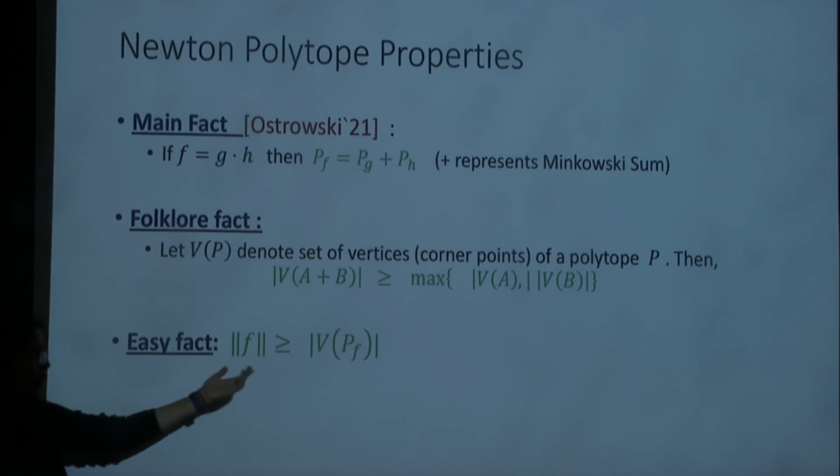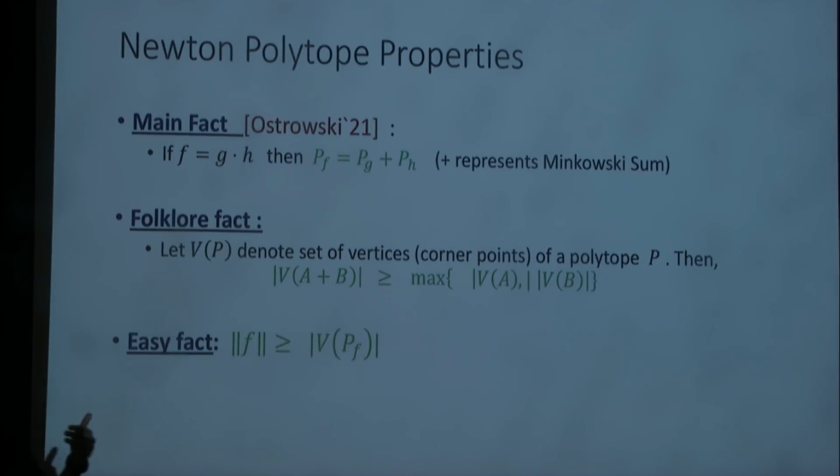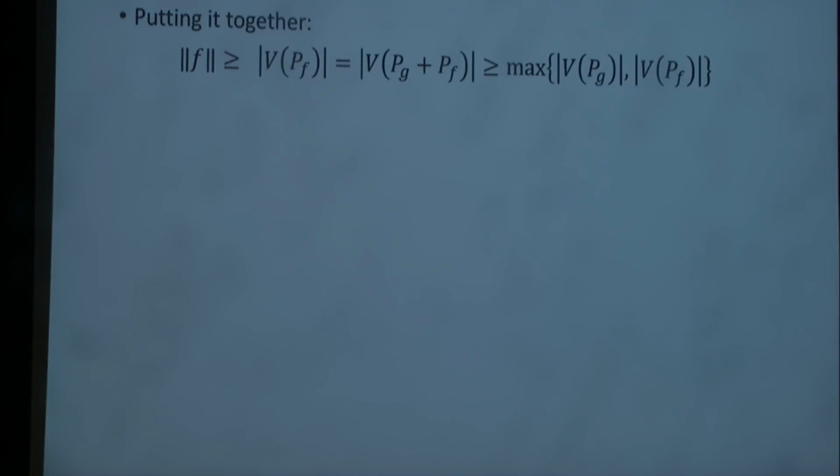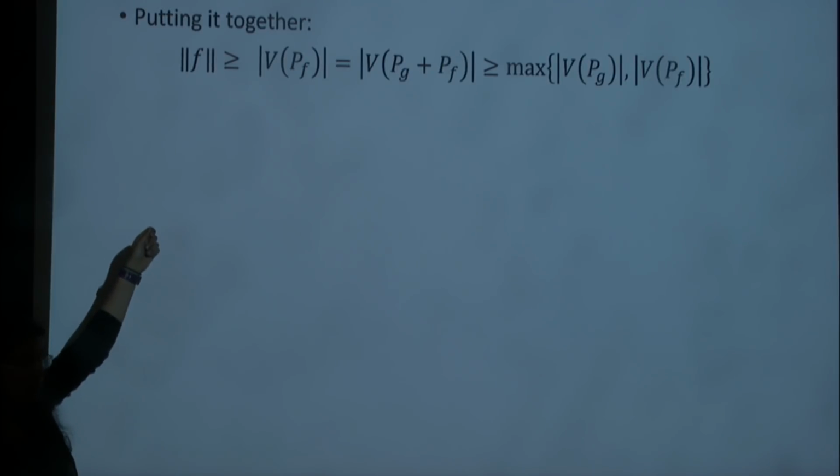So the number of corner points is clearly at most the total number of points in the support of the polynomial. This is just an easy, trivial bound. But if you take these three bounds and put them together, you observe the following: the total number of monomials of F is at least the number of corner points of its Newton polytope.